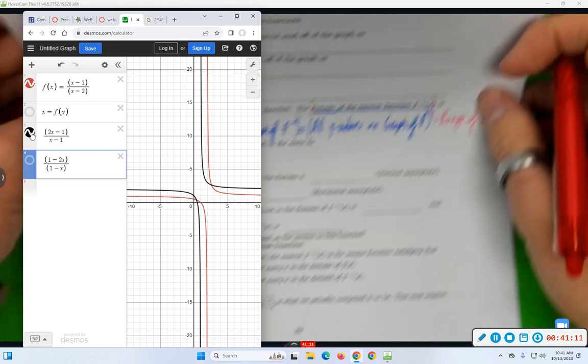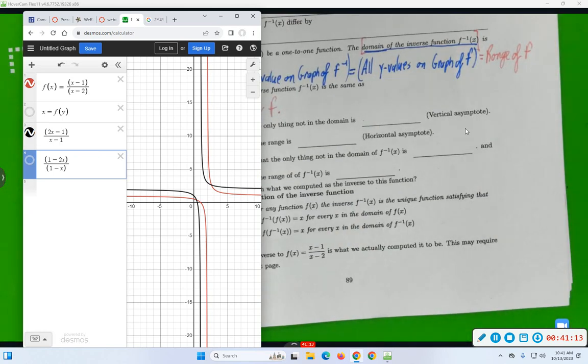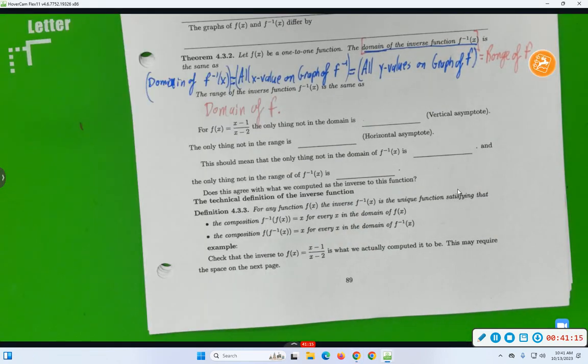So the last thing I want to do in this packet is the following. I want to wax a little bit technical. Right now we have a strategy to find an inverse function: if you want to find an inverse function, you solve for y. But that's not what the inverse function is.